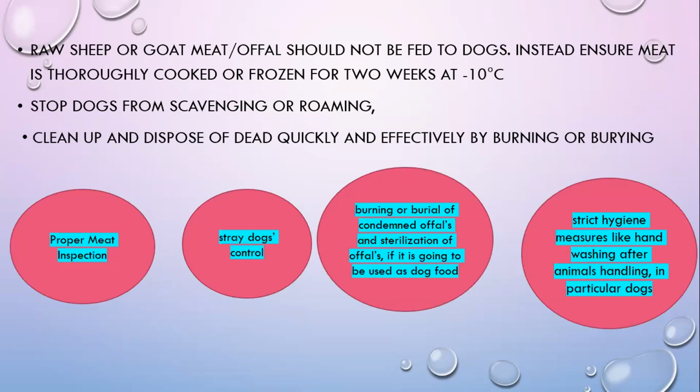There should be burning or burial of the condemned meats, and if it is going to be used as dog food, there should be proper sterilization of the offals. Also, some hygienic measures should be taken so that the infection does not spread from the dog to the small ruminants.